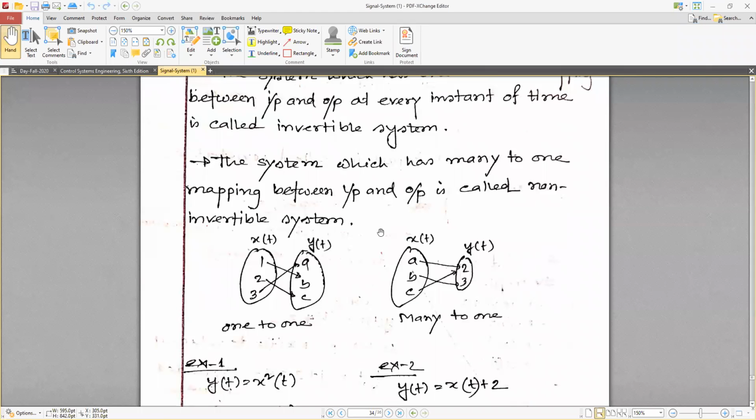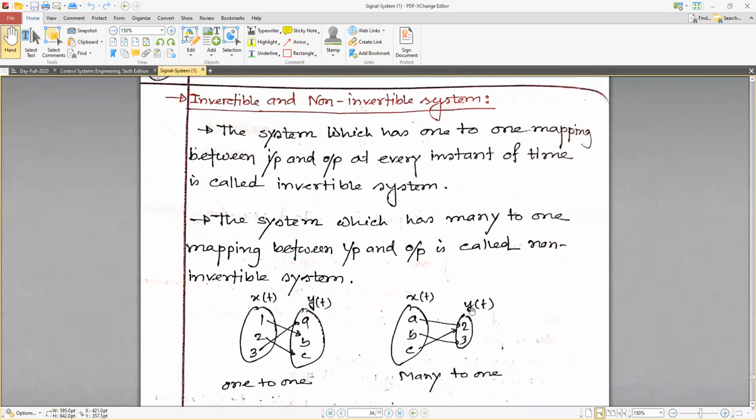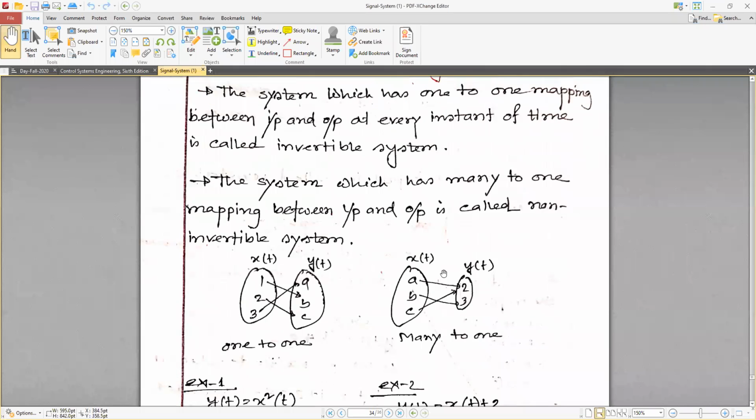The system which has many-to-one mapping between input and output is called a non-invertible system. So one-to-one is invertible, many-to-one is non-invertible. Invertible means one-to-one, non-invertible means one-to-many.